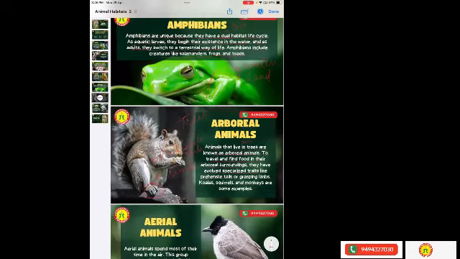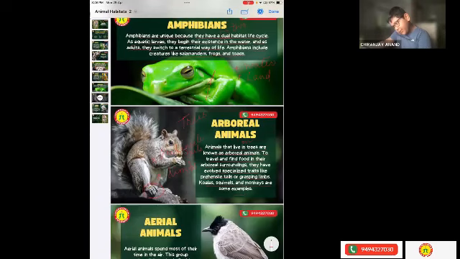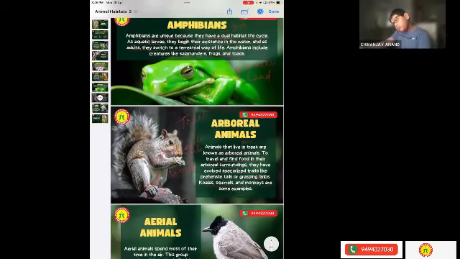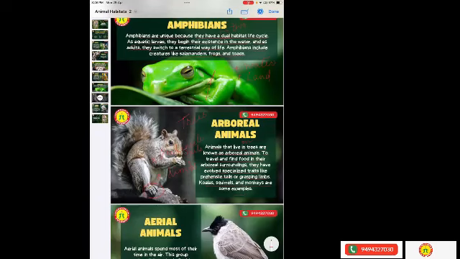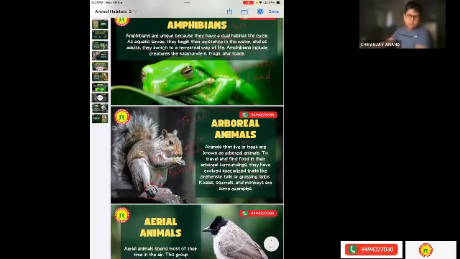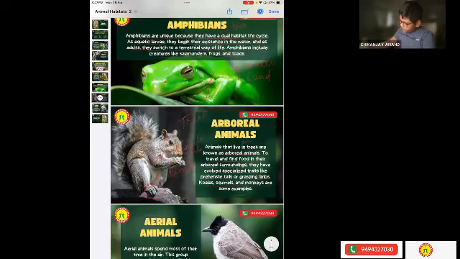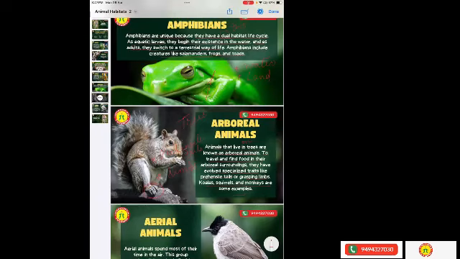So prehensile tails and grasping limbs; koalas, squirrels, and monkeys are examples. Two major characteristics of arboreal animals are that they have prehensile tails. What do you mean by prehensile? Any idea, children? Prehensile means to hold, right?